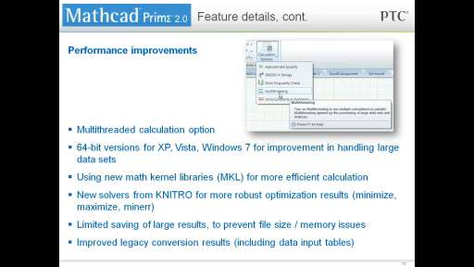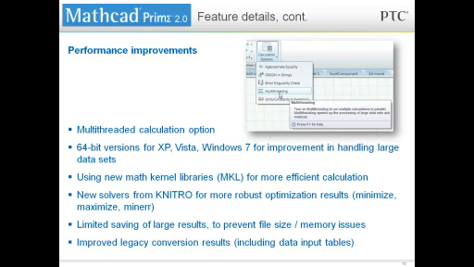We have new solvers. So if we're solving simultaneous systems of equations, whether they're linear systems or nonlinear systems, we have new solvers, the Nitro solvers, and they are new algorithms, and they're more robust and faster, especially for things like optimization functions, or if we're trying to minimize the behavior of a system or maximize the behavior of a function. The Nitro solvers are actually much more efficient and more accurate as well.